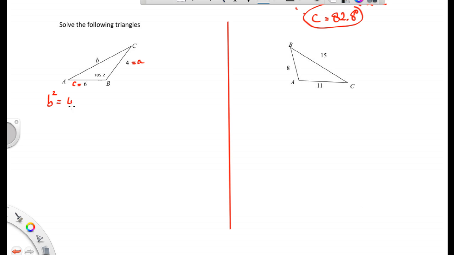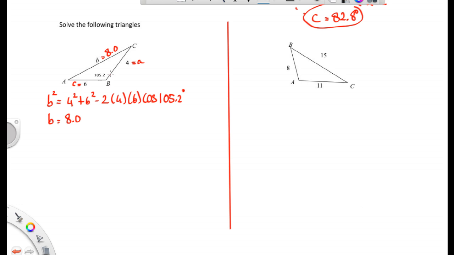So b squared would be 4 squared plus 6 squared minus 2 times 4 times 6 times the cosine of b, and I know that b is actually 105.2. So that means that b is, rounded, 8.0.